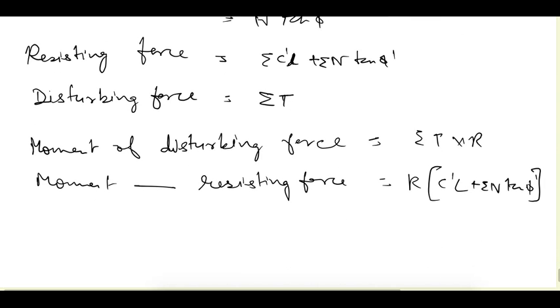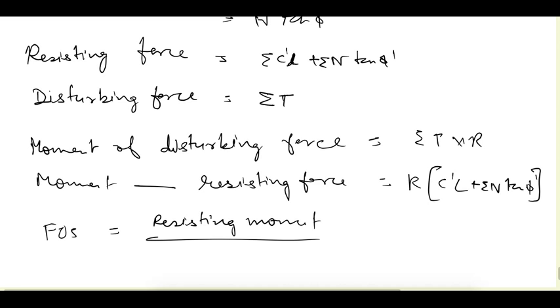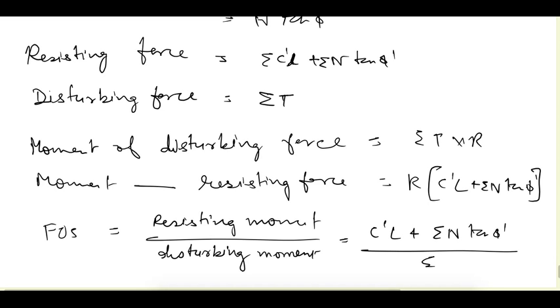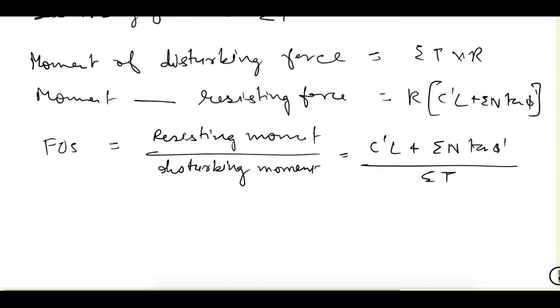So that is the resisting moment, and we know the factor of safety is given as resisting moment divided by disturbing moment. This R will cancel out in both terms. So it is c dash L plus sigma N tan phi dash, divided by sigma T. Now what is sigma T?